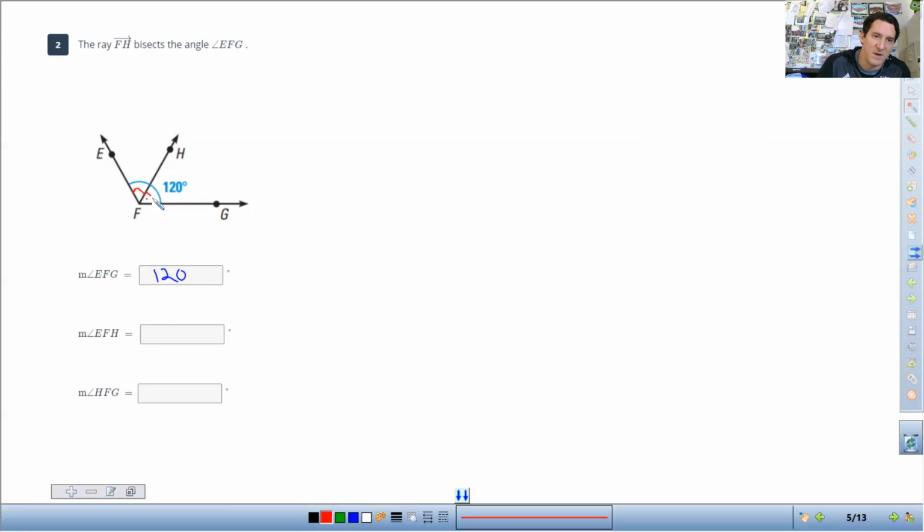They don't need to be perfect, but it looks nice. So that's two congruent parts. Basically it's just cutting the angle in half. So if this bisector cuts these angles in half, what do these two angles have to be? Well, half of 120 is 60. So that's going to be 60 each. So EFH is 60 and HFG is 60.